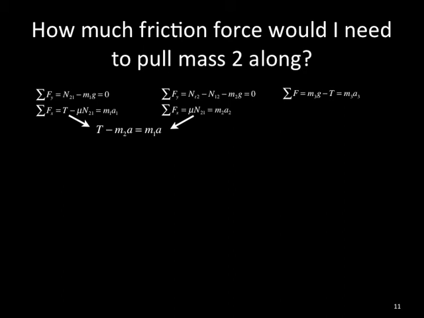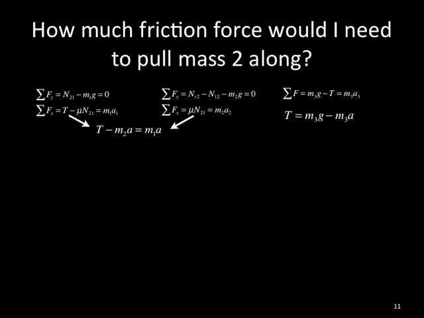Looking at mass 3 and the equation that I've got there, I can rearrange that to come up with an equation for the tension. Now I've got two equations that include the tension and the acceleration. You'll notice that I've dropped the subscripts 1, 2, and 3 for the acceleration, and that's because all three masses are accelerating at the same rate.